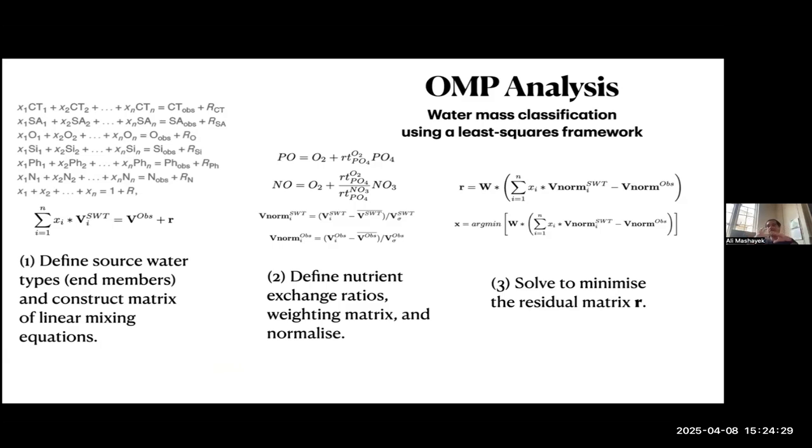So if you come up with a classifier based on the observational data applied to a model, you're going to get the wrong classifications at times. But that doesn't mean that models are wrong, in the sense that they still have waters coming from the Atlantic to the Pacific to the Arctic, and they get you similar dynamics. So an objective classification, if a framework like that is designed, can help create better systematic agreement between the models and observations. That's the point that I'm going to come back to later.